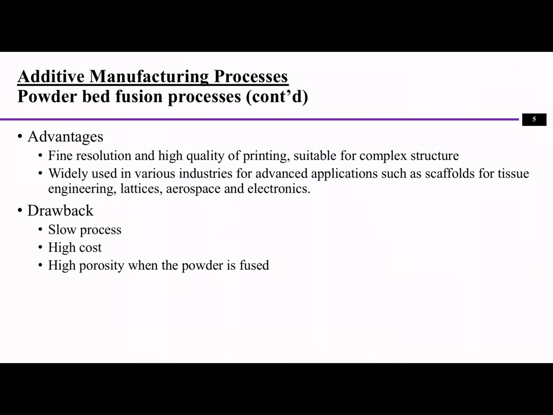Some of the drawbacks are that the process, of course, is very slow. It's very typical of most 3D printing processes, and the cost is high because the equipment is so expensive. A lot of the time it is $1 million or more for a process. It also depends on the workspace volume, and you can tell from the videos that a lot of those parts are very, very small.